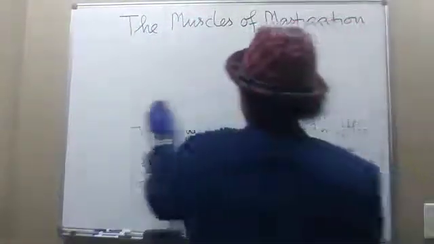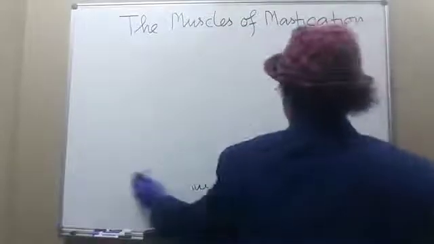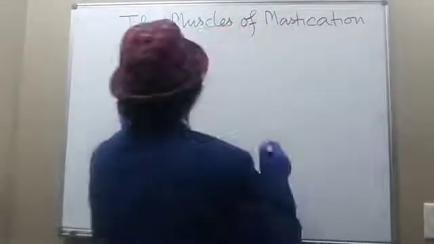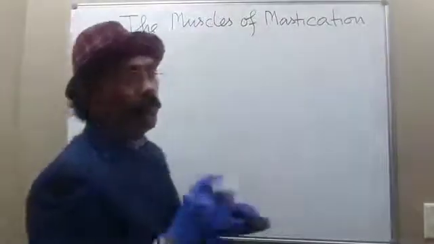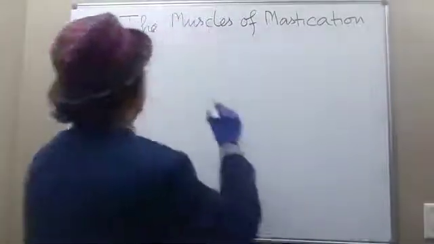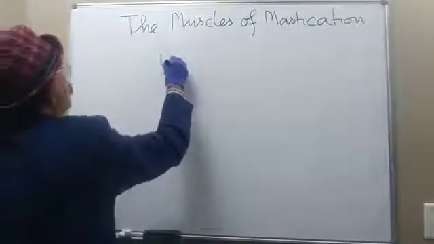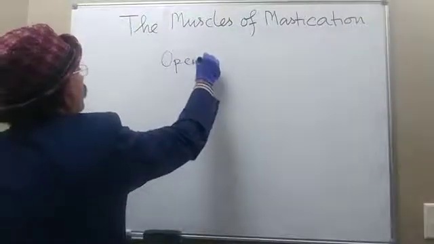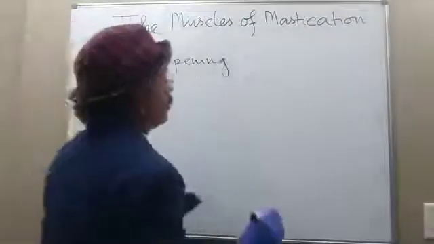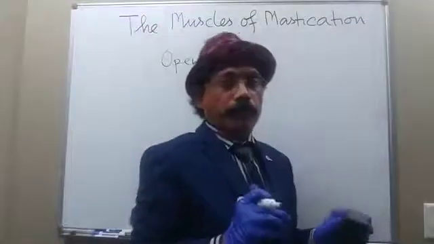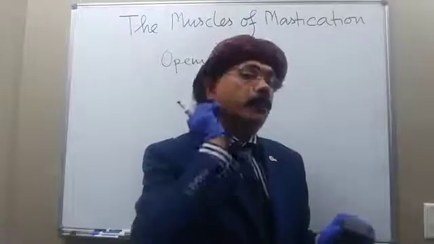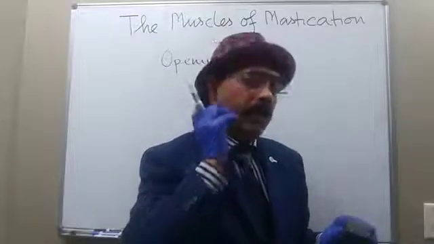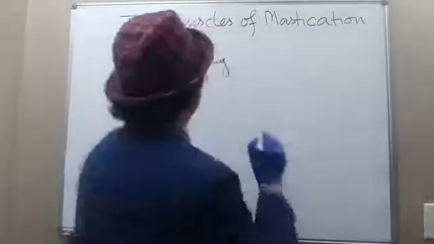Now we'll go to the other accessory muscles essential for opening the mouth. The lateral pterygoid opens the mouth, it actually protrudes the mandible, and the posterior fibers of the temporalis muscle help in opening the mouth.